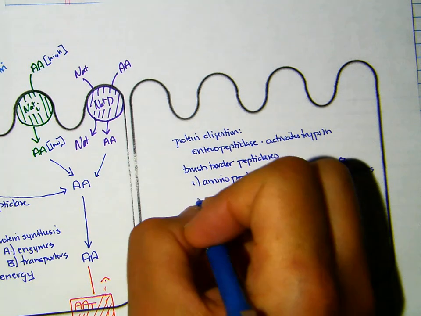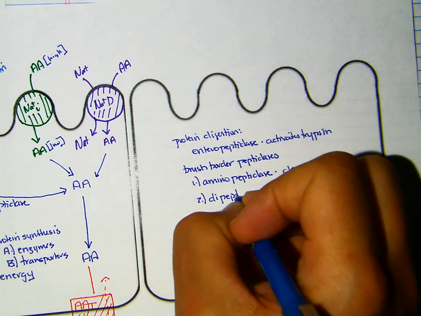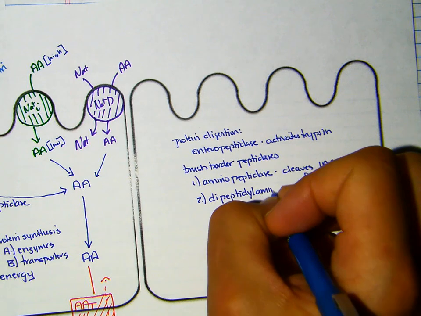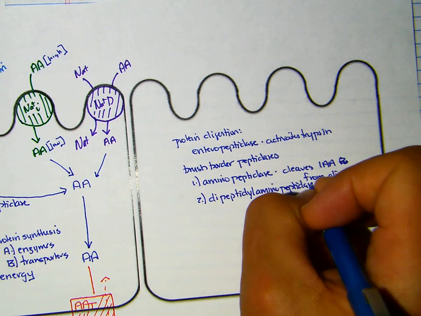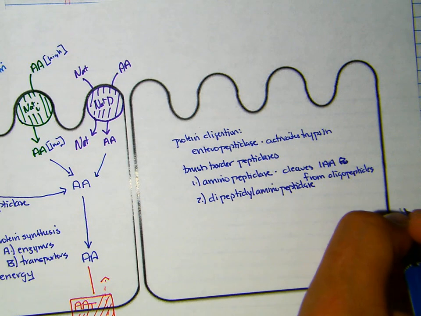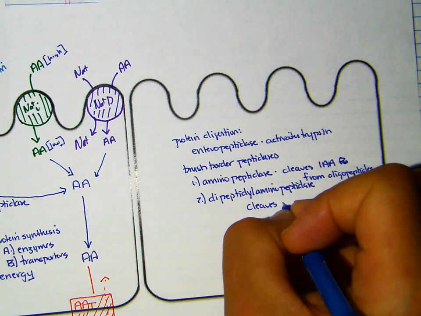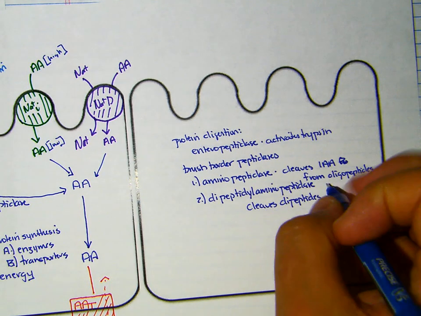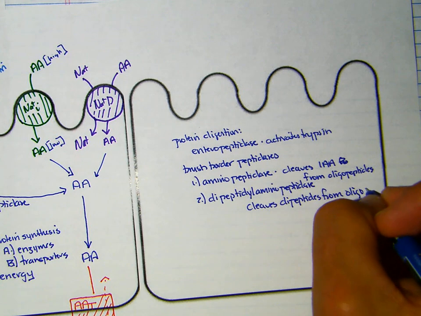And then I think the other one we said is dipeptidyl aminopeptidase. And dipeptidyl aminopeptidase cleaves dipeptides from oligopeptides.